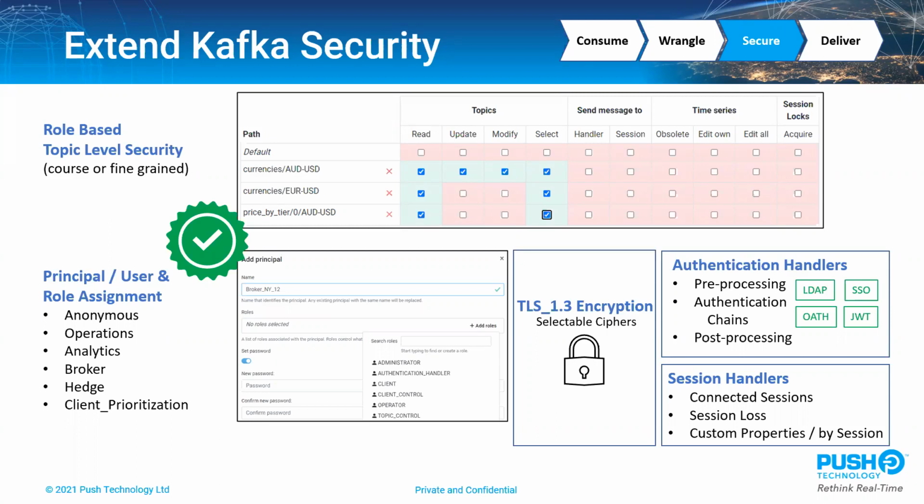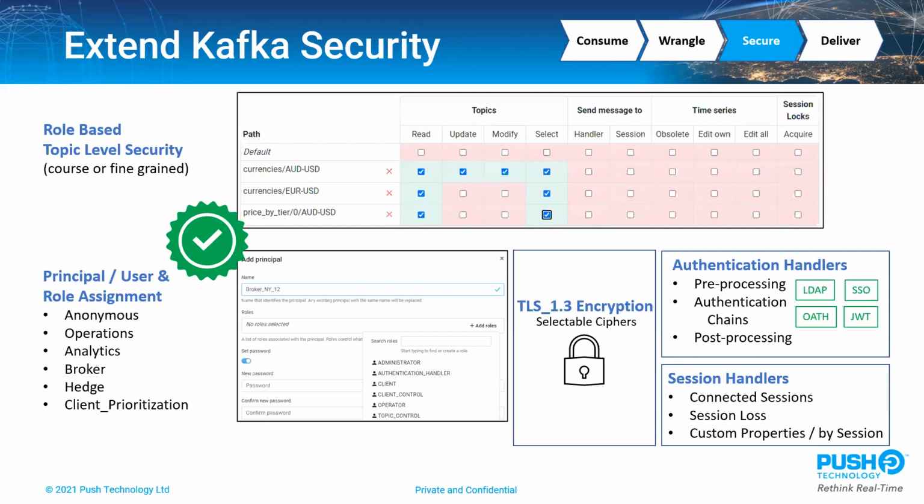And you may have noticed some delays inside of that. Push Technology stays in front. Very agile organization. We support TLS 1.3 natively out of the box. That is configurable.